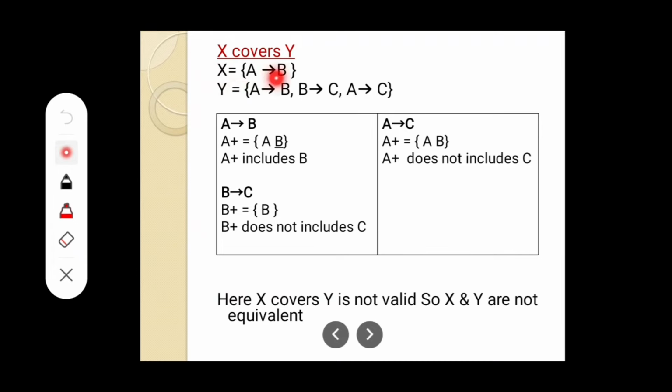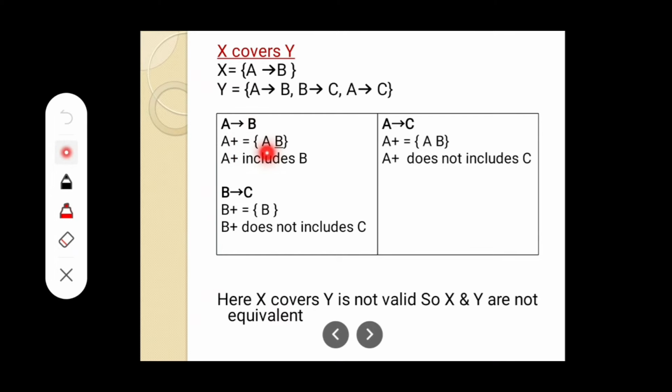Again I am rewriting the X and Y functional dependency sets. X is A determines B, Y is this one. Okay, so X covers Y means I have to take the functional dependencies of Y and those have to be derived from X. So what are the functional dependencies of Y? We have three functional dependencies. First of all, I will take A determines B. I will take the closure of the LHS. What is A plus?